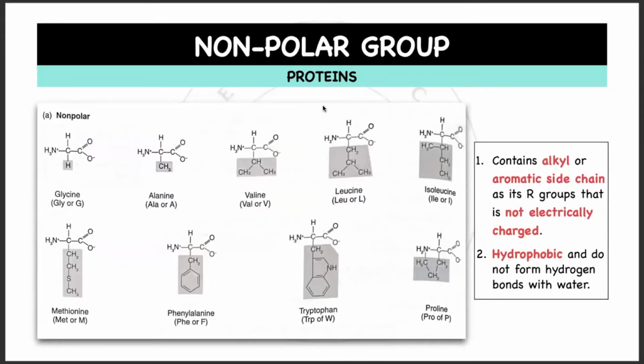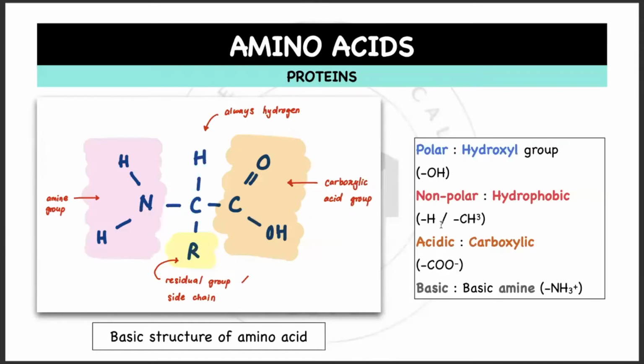So the first part is the non-polar group. It contains alkyl or aromatic side chain as its R groups, that is not electrically charged, so it's hydrophobic. They do not form hydrogen bonds with water. So you see here, it either ends with H or hydrogen, or it ends with CH3.